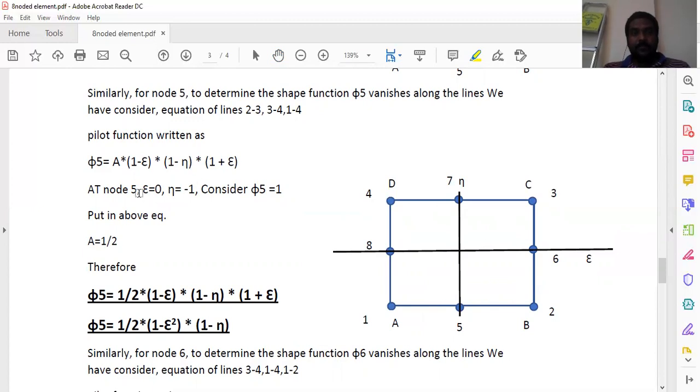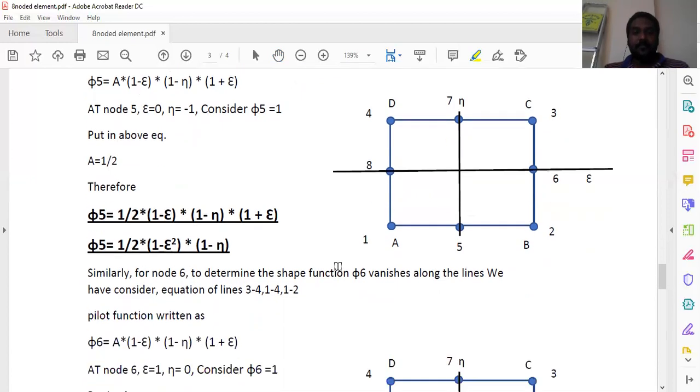So by writing the shape function at node 5, zeta equal to 0, eta equal to minus 1, phi 5 will be equal to 1, and we get a equal to 1 by 2. And this a value we will put in the above equation, and we will get the shape function at node 5.